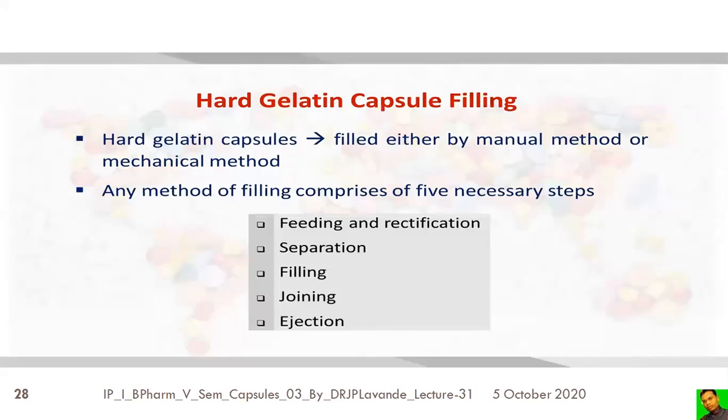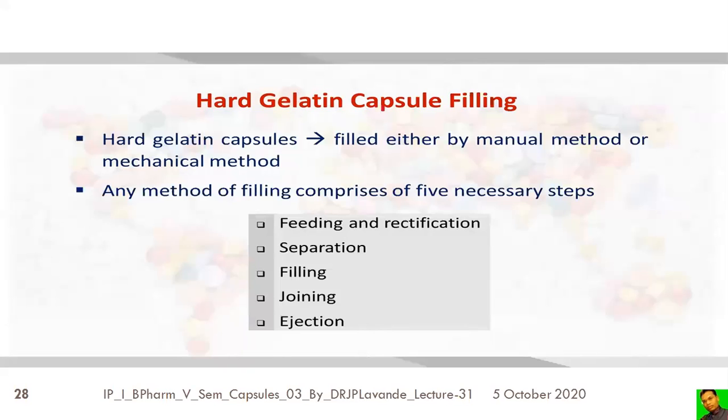Now it is going to be filled either manually or by an automated mechanical method. Any filling process necessarily consists of 4 to 5 different steps, and these steps are the feeding and rectification.